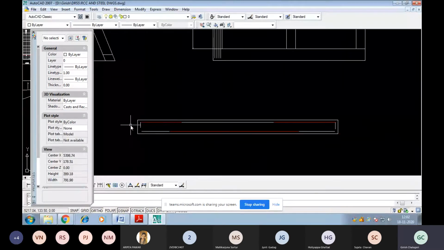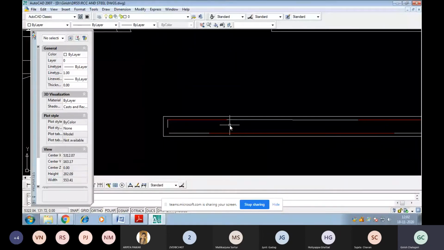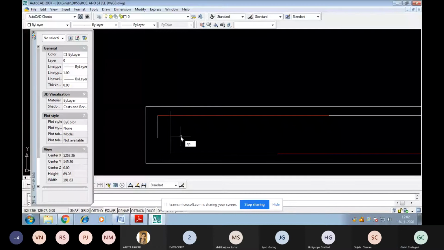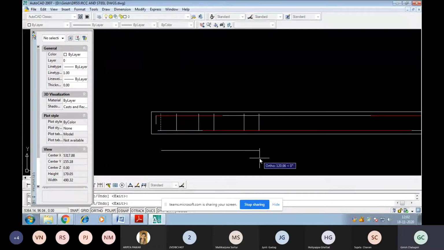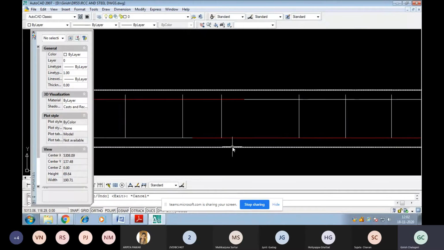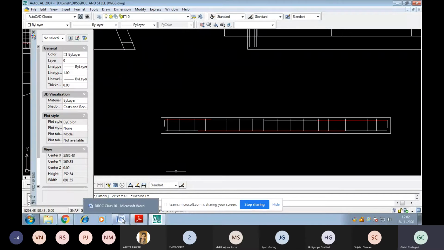So this red color indicates the main bars, and this white color indicates the hanging bars at the edges, at midspan and at the edges we can see. And in between we get the stirrups like this. So they are provided at regular intervals. Like this, we are providing stirrups at regular intervals, and these regular interval stirrups are 8 mm at 300 mm center to center. This is what exactly is required when we are providing reinforcement in this fashion.